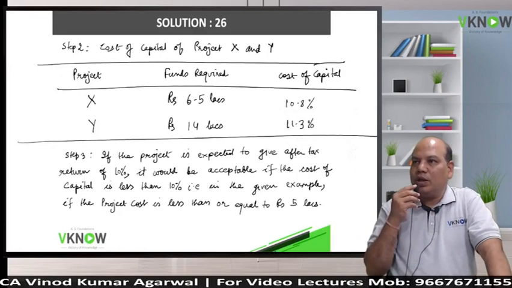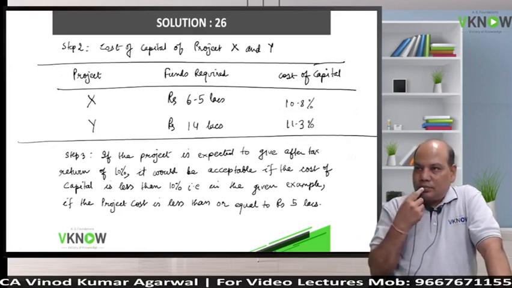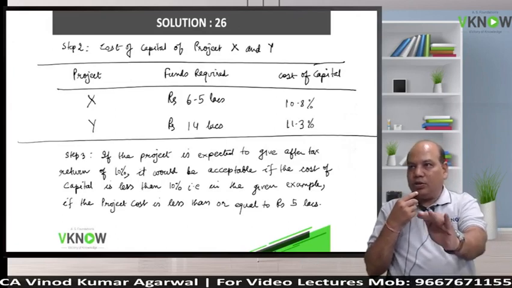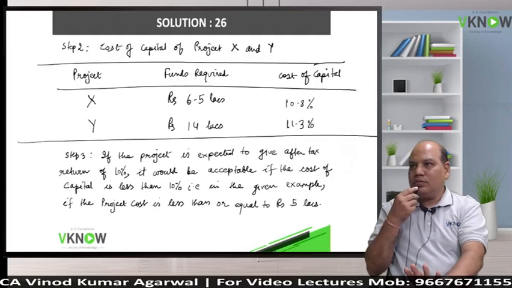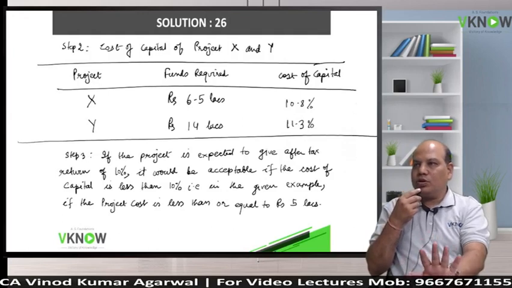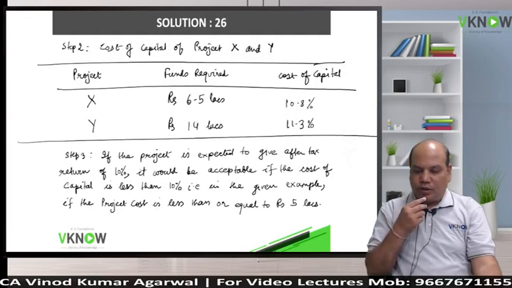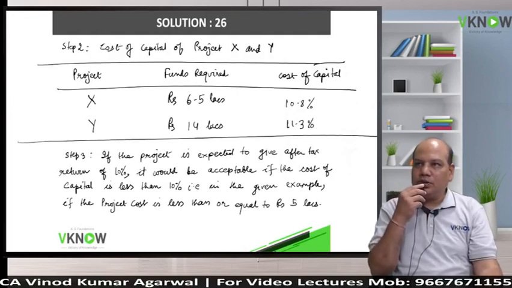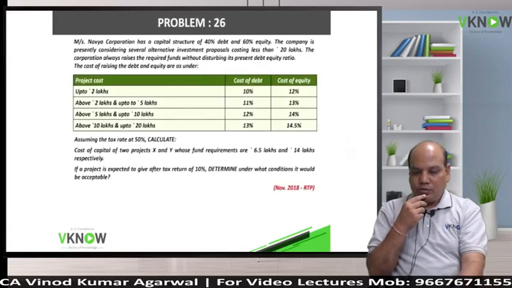You don't have to memorize 5 lakh; in your exam, they will change the figures. So up to 5 lakh, my cost of capital is less than or equal to 10%. So project cost up to 5 lakh will be acceptable if the after tax return is 10%. Okay, so this answer is over.